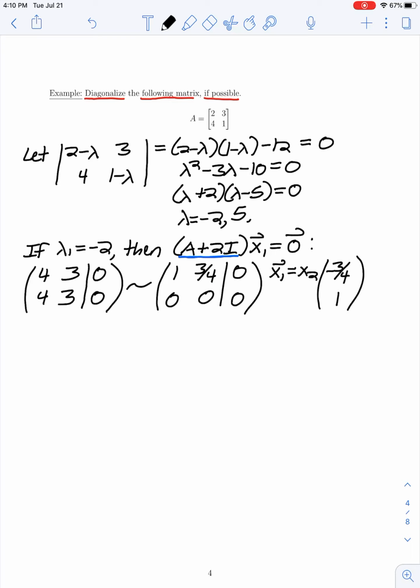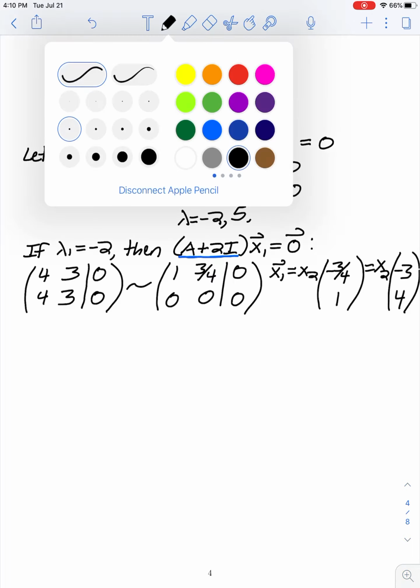Or if we don't like that fraction in our first entry, we can think about this as the free variable x2 times (-3, 4), because any scalar multiple of (-3, 4) would be a scalar multiple of (-3/4, 1).